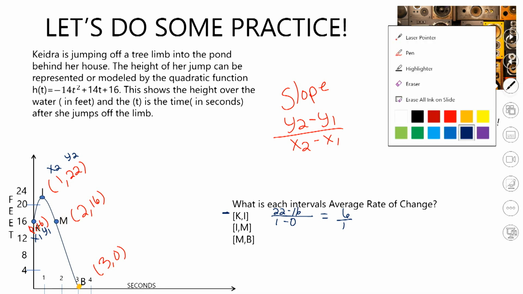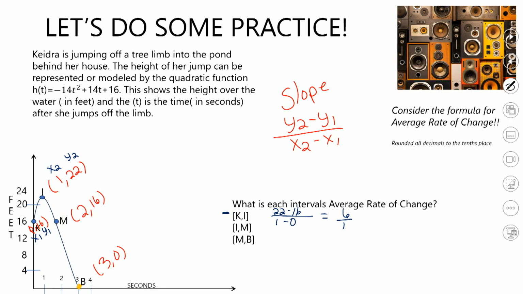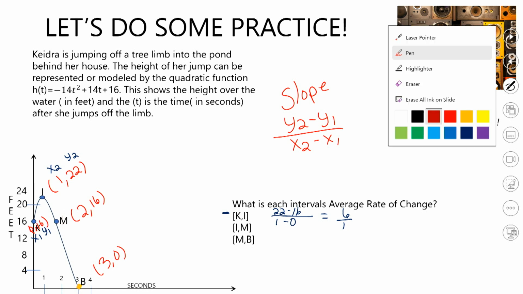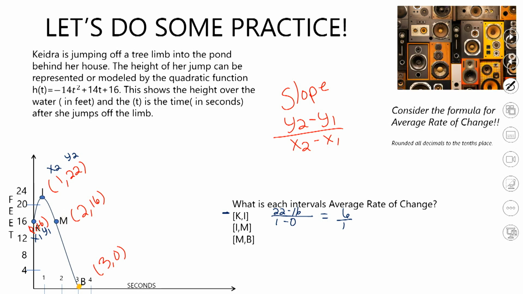So now that we've found the first one, let's go back and look at my second interval. I've already got my point labeled with x2 and y2. So since we're just using this right here, I'm going to label this one as my x1 and my y1. Let's make my fraction and plug in: y2, 22, minus y1, which is 16, over x2, which is 1, minus x1, which is 2.